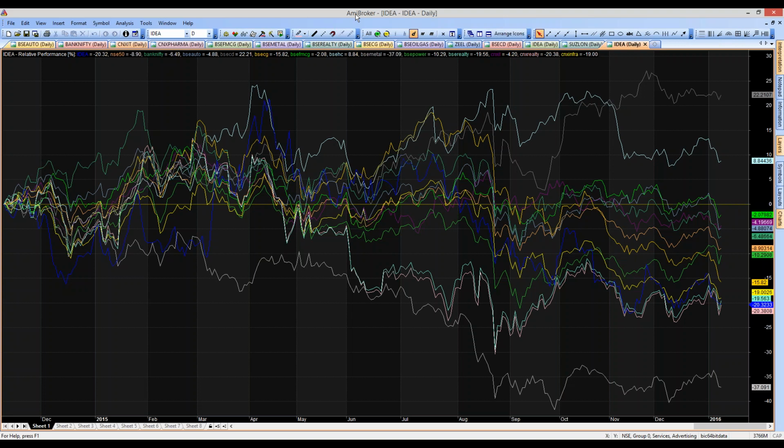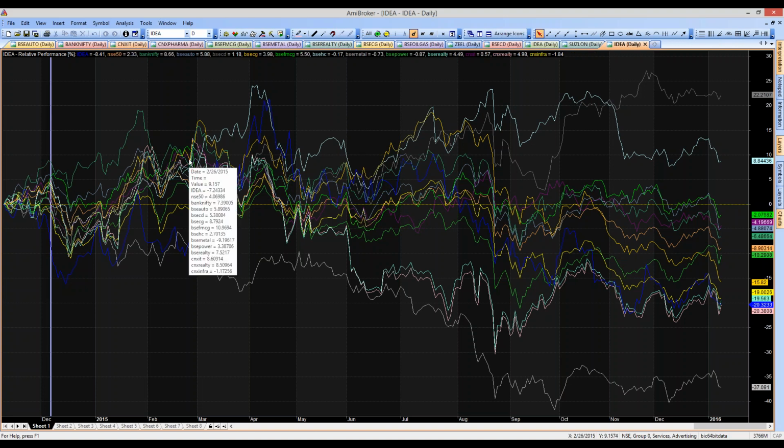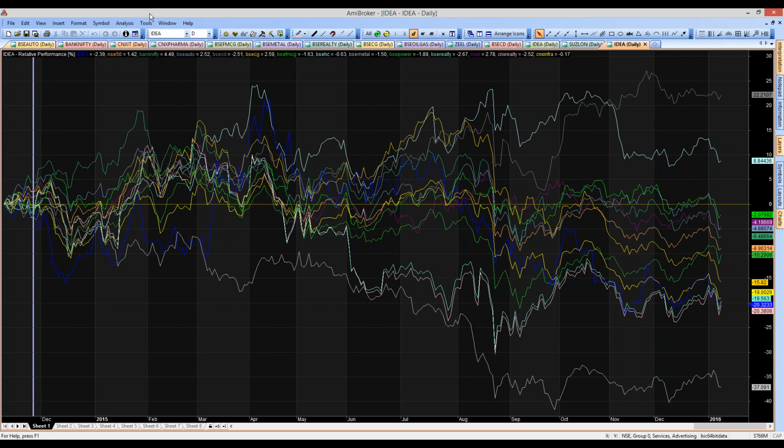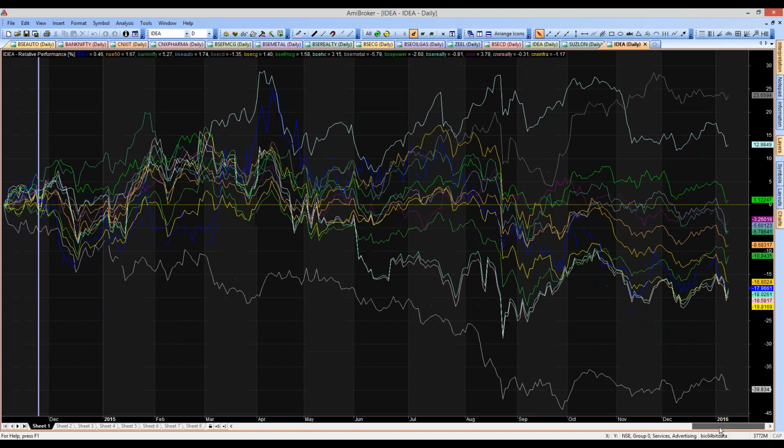So what is this? First of all, what we have to be clear about, this is not a price chart. Okay, this is a relative performance chart. And how the relative performance chart works is, I've put a vertical line and I'm going to take it left. This is actually not showing up very well, but let me do one thing.